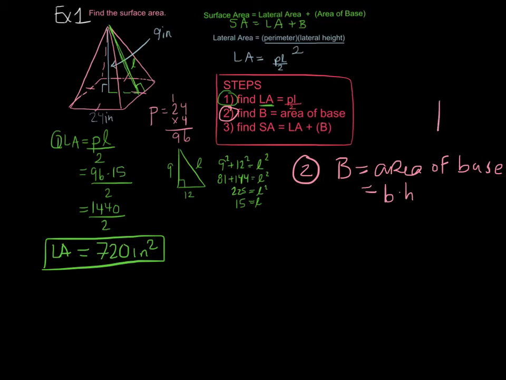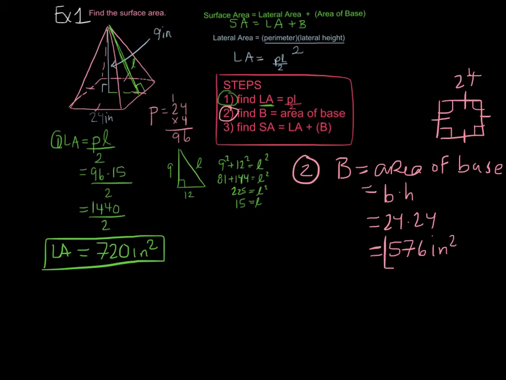The base is a square with side length 24. So I'd be multiplying 24 times 24, and again I'll spare you. That's 576 inches squared. And that is the area of my base.